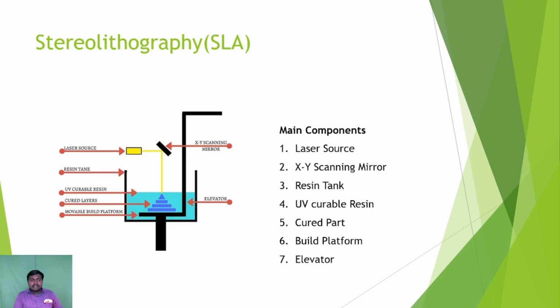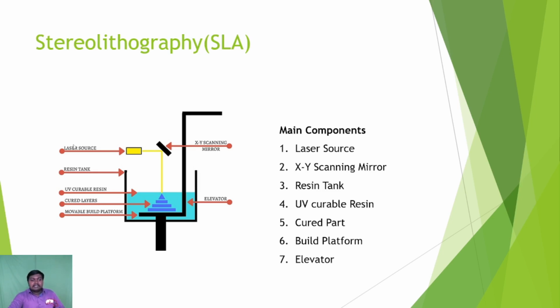First of all, we will see about the stereolithography apparatus. It mainly consists of components like laser source, XY scanning mirror, resin tank, UV curable resin and cured part. The final part is called the cured part, along with the building platform and elevator. We can see in the diagram.